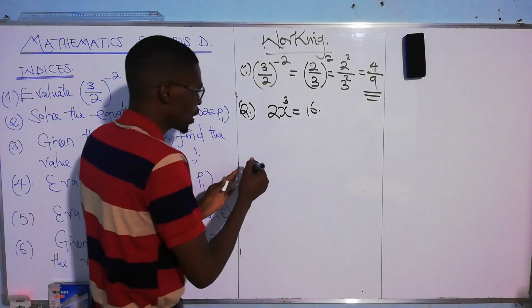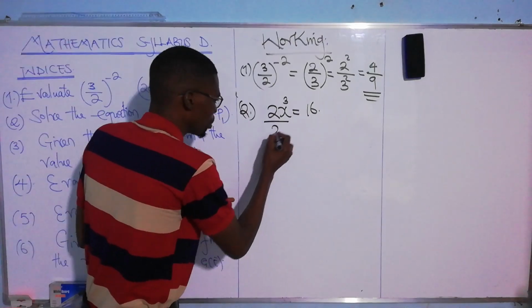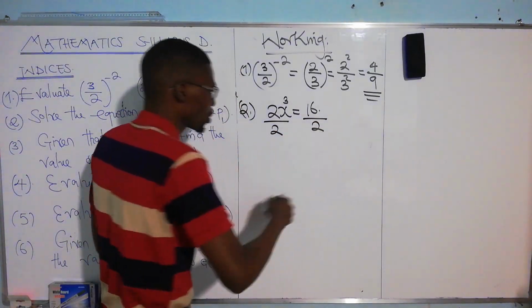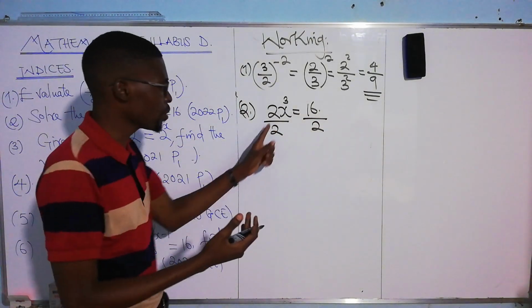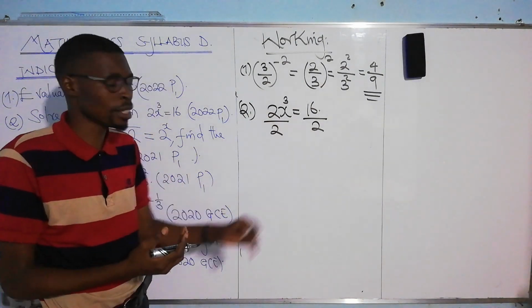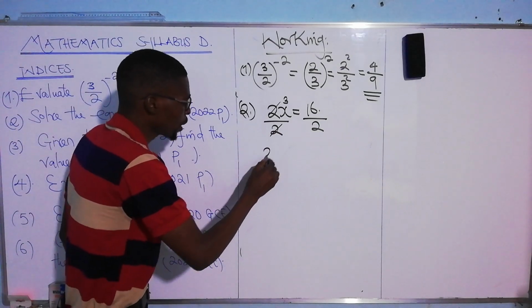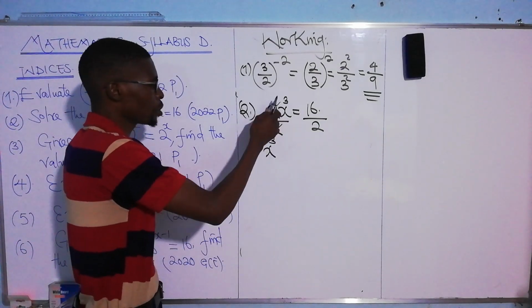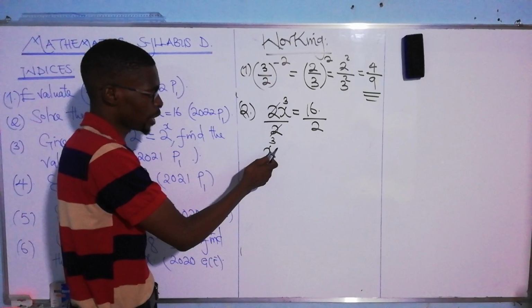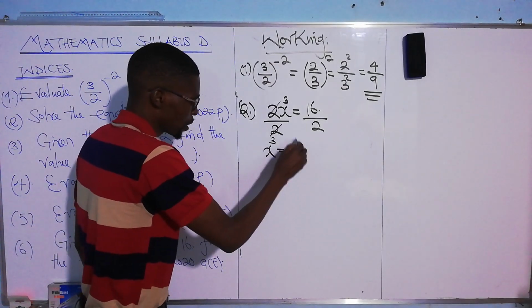So how do we simplify? You can divide here by 2 and there by 2, or you can multiply by the multiplicative inverse of 2, which is 1 over 2, both sides. So this is going to give you x cubed, because 2 into 2 is 1, 1 times x cubed is just x cubed, being equal to 8.